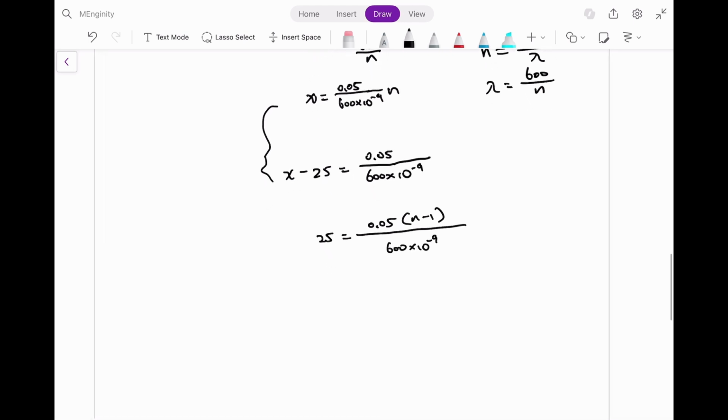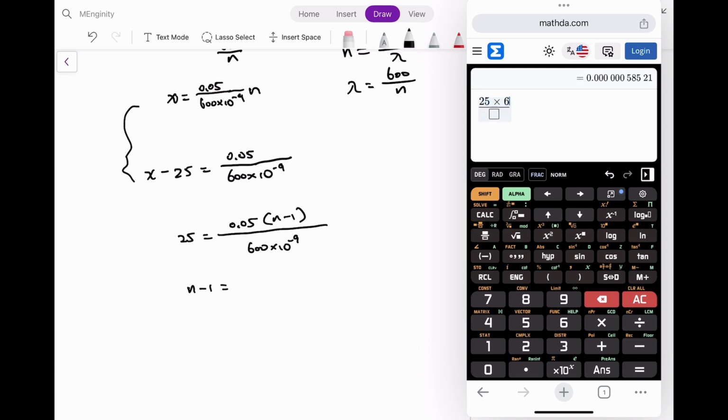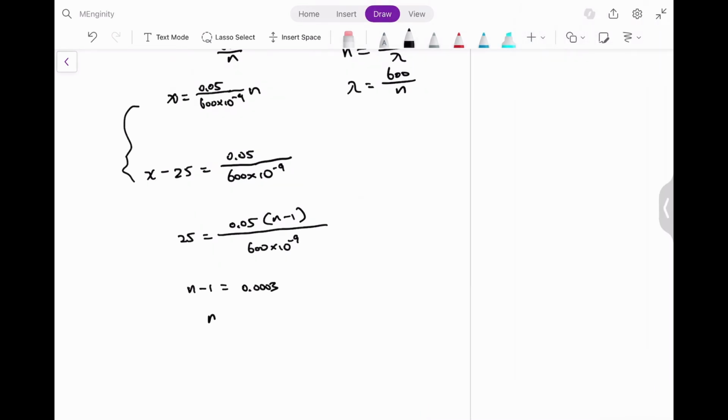Okay, and then we solve for n, so n minus 1 is equal to 25 times 600 to the power of minus 9, and then down there we have 0.05, and that is 0.0003, and so therefore the refractive index of air will be equal to 1.0003, and that will be the answer to this question.